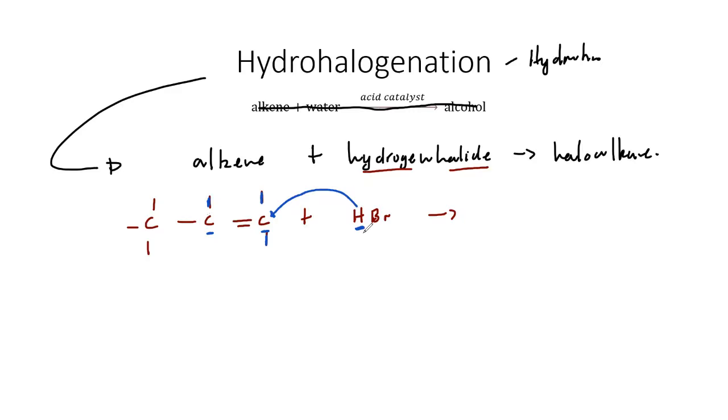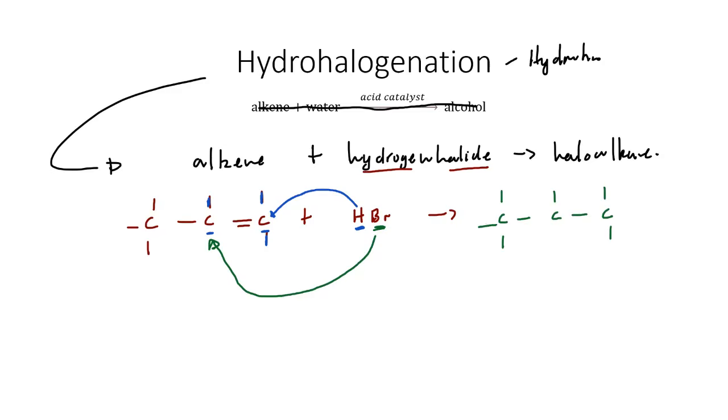The Br on the flip side goes to the carbon in the double bond that contains the least number of hydrogen atoms. So the Br makes its way to this particular carbon. Why? Because it's the carbon with the least number of hydrogen atoms. It's got only 1. So then my structure can become like this: 1, 2, 3. What did I add?